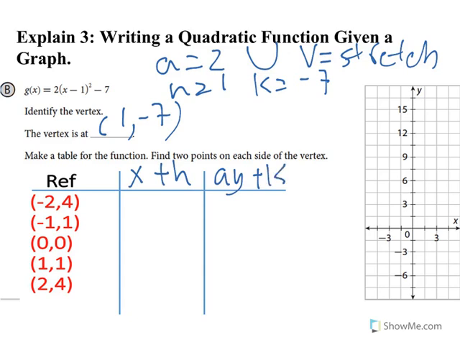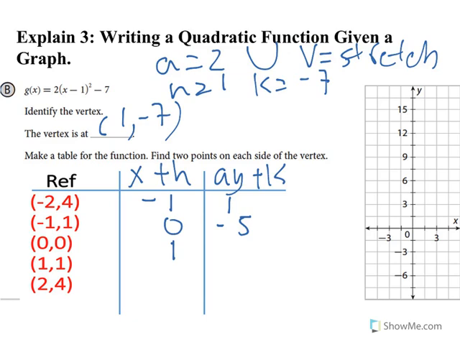So we have -2 plus 1 gives us a -1, and 2 times 4 is 8, minus 7 is 1. -1 plus 1 gives us a 0. 2 times 1 is 2, minus 7 gives us a -5. 0 plus 1 gives us 1.